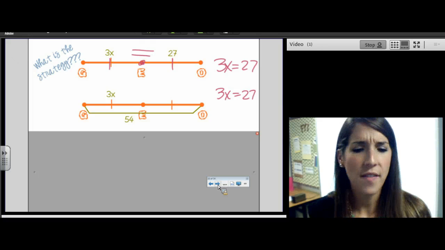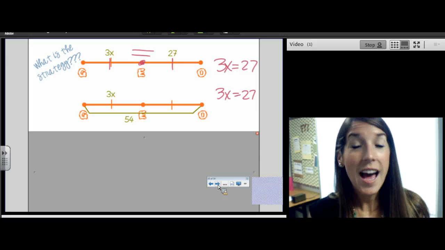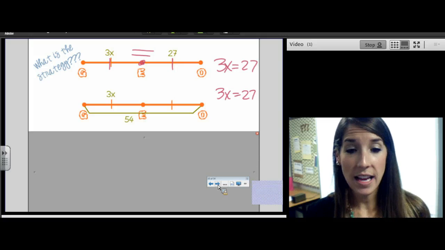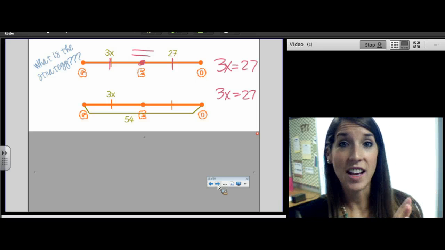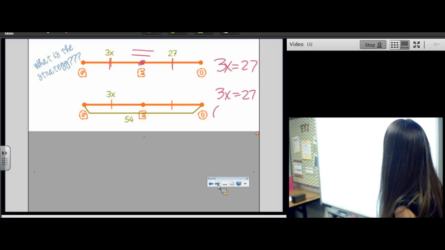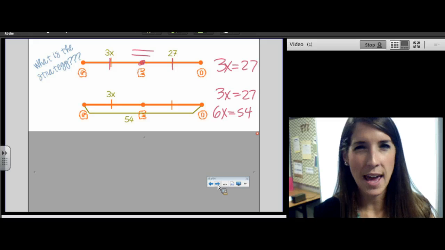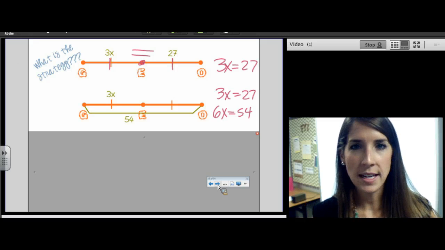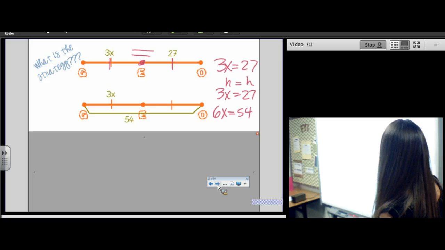Or what's the opposite of halving something? Doubling it. Very good. So I could either take the whole and cut it in half, or I could take the half and double it. 6x equals 54. Do you see the two choices that we came up with? Either 3x equals 27 or 6x equals 54. This is a half equaling a half, and this is the whole equaling the whole.